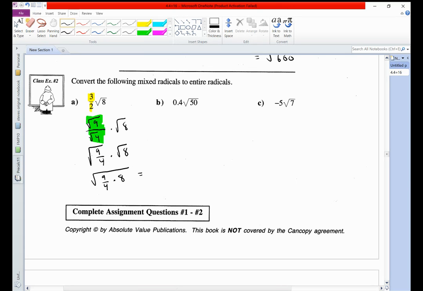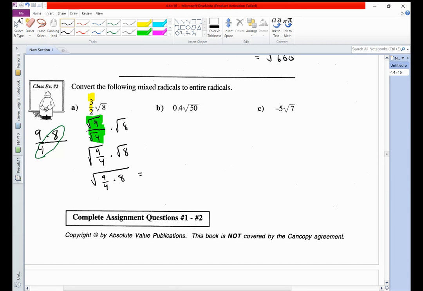There's another cool way to think about it here, because basically what you've got is 9 over 4 multiplied by 8, but you can extend that and say that is 9 times 8 over 4. And if you want to do really quick math, you realize here that 8 over 4 can be reduced, right? We know that 8 divided by 4 is equal to 2. So now we have 9 times 2 is equal to 18.